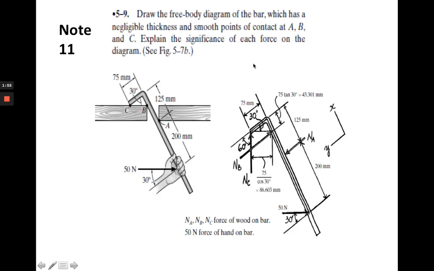So here is another example of how you're going to draw your free body diagram. This is very important, if you look at these figures, there is no x and y axis label. However, when you connect C, B and point A, always remember, reaction force is created directly in the direction where you apply the force.